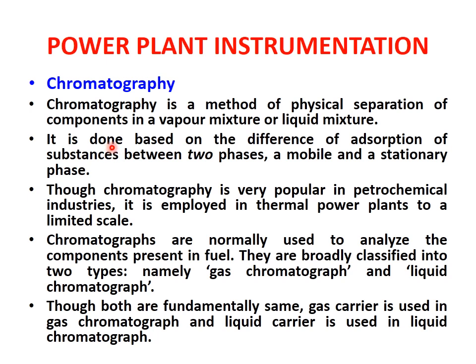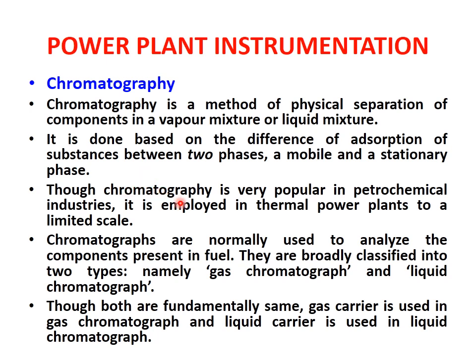It is done based on the difference of absorption of substances between two phases, that is a mobile and a stationary phase. This mobile and stationary phase means the phases of the mixture in liquid or vapor.